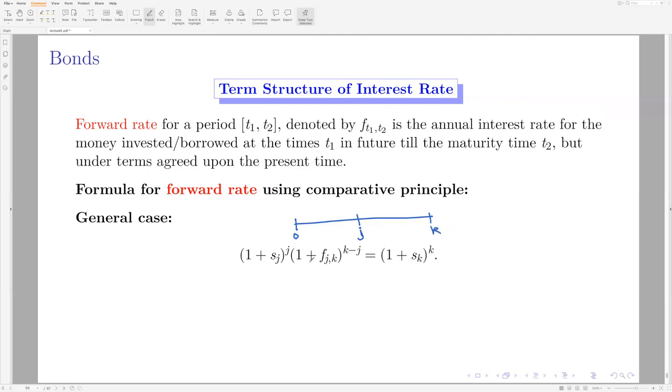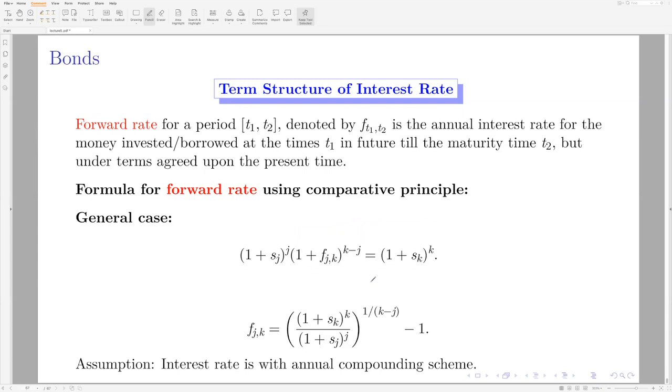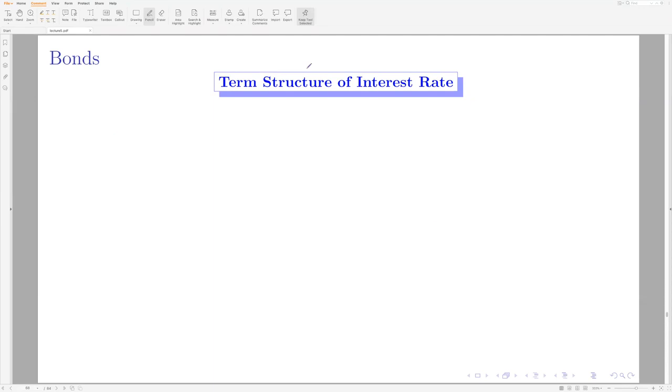If you want to do again the same idea of comparative principle, from here you can just find f(j,k) as this. So this is the implied forward rate.